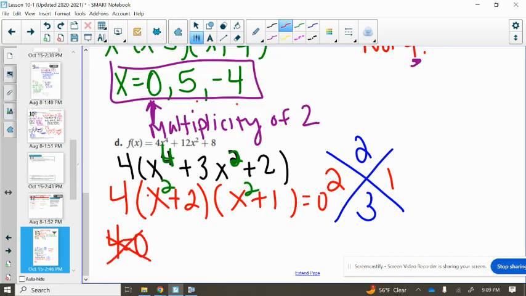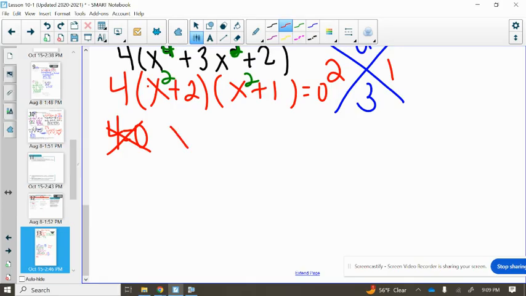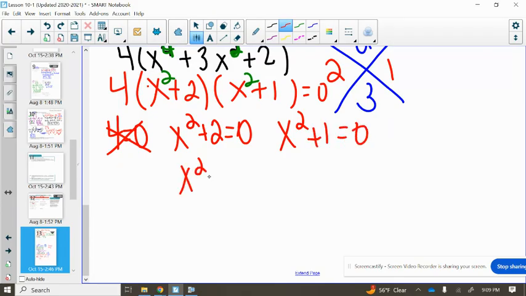Now, if we set this equal to 0, if we set 4 equal to 0, this time that's not a variable, so that's not really going to do us any good. But then we have x squared plus 2 equals 0 and x squared plus 1 equals 0. As we solve on this, we have positive or negative, because we're square rooting.